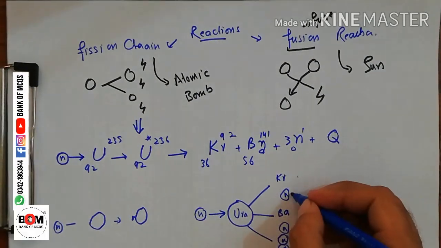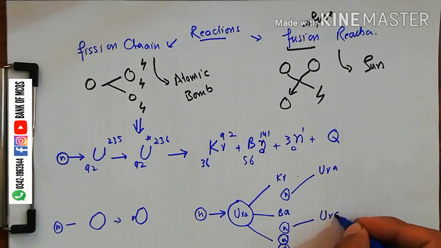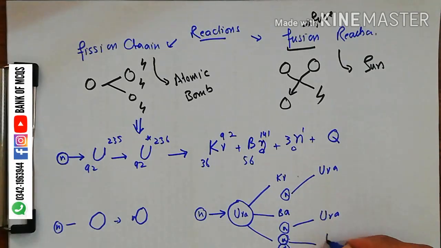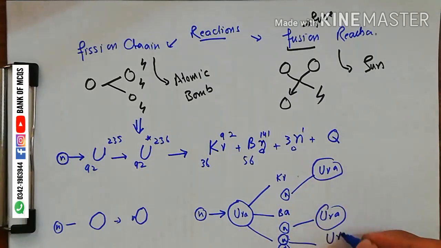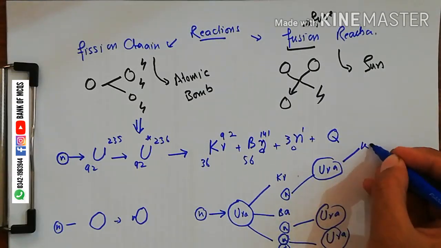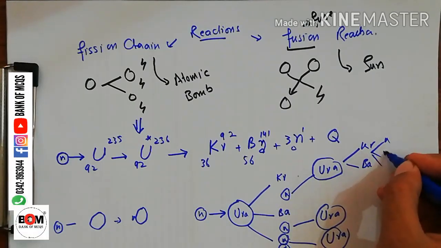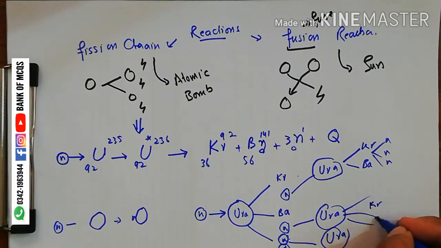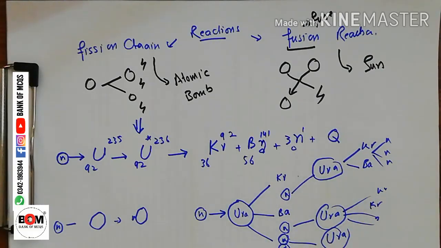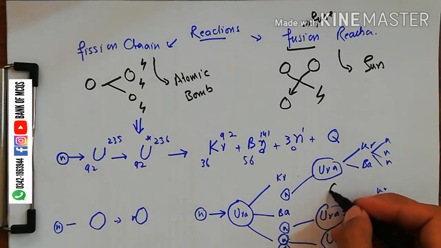Now these neutrons in turn will go and hit another uranium atom. The uranium will again split into krypton and barium with 3 neutrons. So this is how the full chain reaction takes place.